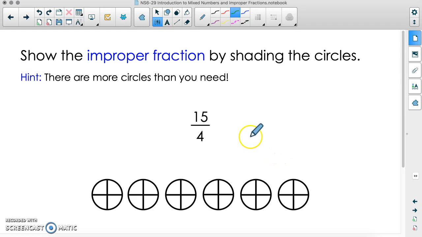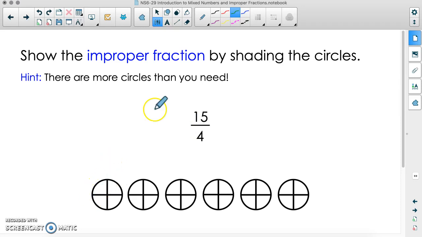Now if we have the improper fraction 15 fourths on the board, I've drawn a series of circles that are divided into 4 because the denominator here is 4. I've drawn more circles than you need because I want you to figure out when to stop shading. The pizzas are divided into 4, that's the denominator. We have 15 on top, so we need 15 pieces shaded.